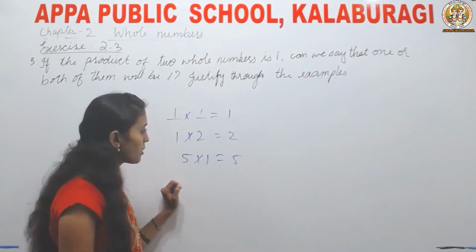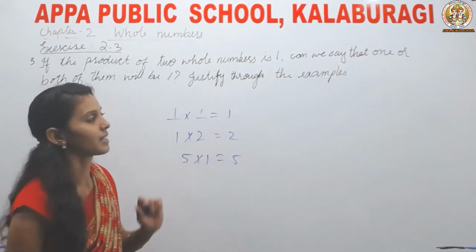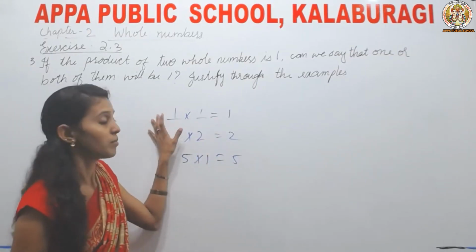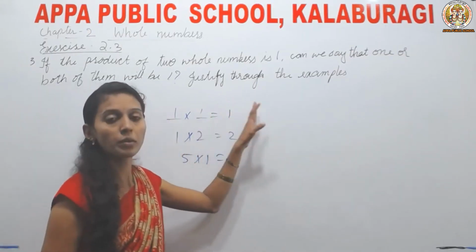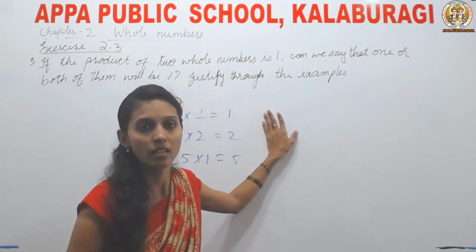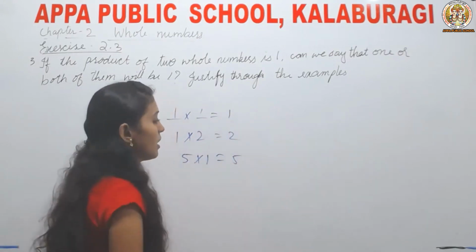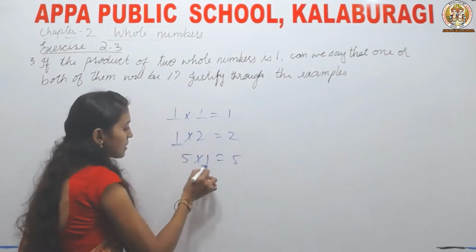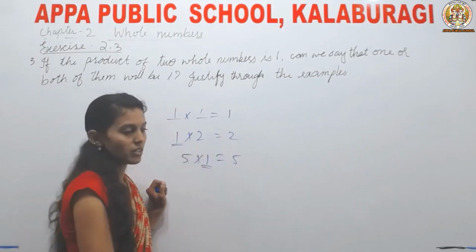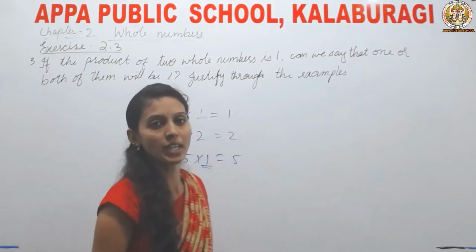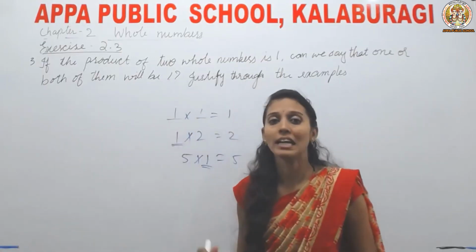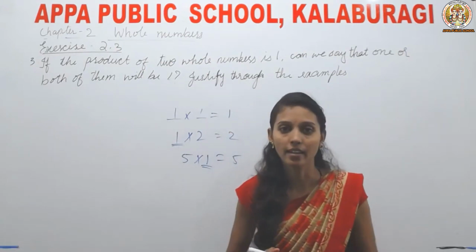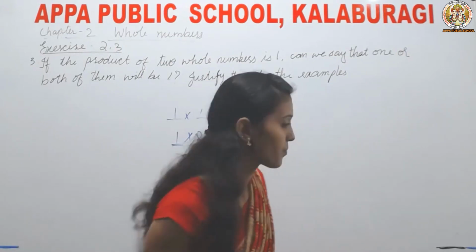Got it? So therefore, we can't say like that. When both the numbers are 1, then only we will get the product as 1. If any one is 1, the remaining number is changed, then the product also will change. But in the case of 0, it is not like that. There we can. Got it? Yes.